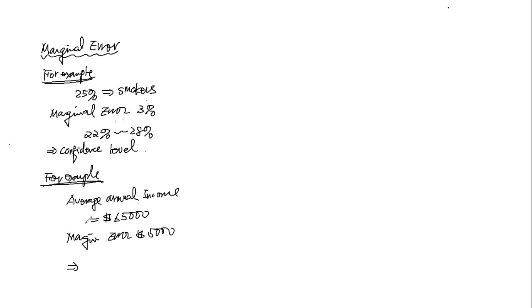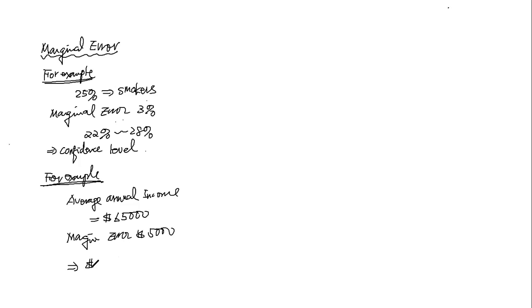But for the SAT, we don't need to know the formula for what the margin of error is given a certain confidence level. No, we don't need to know that. The only thing we need to know is what the margin of error means and how to interpret it. Here the margin of error is 5,000.